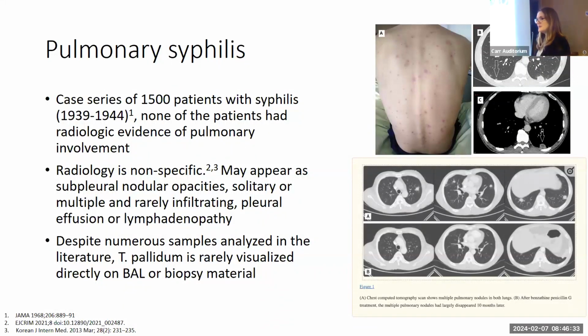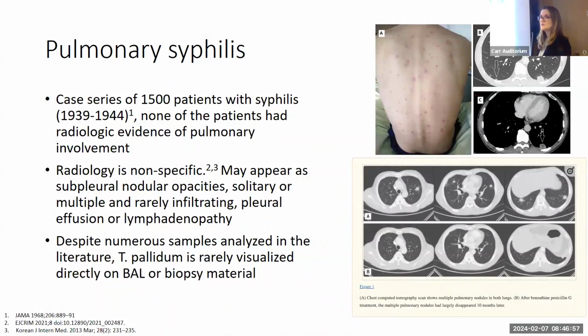And in my review of the literature, despite numerous case reports where people had pursued biopsy and BAL and all of those different things, it's actually fairly rare still to visualize the organism in those tissue samples. Now that we have more molecular diagnostics, it's getting a little bit easier to find.